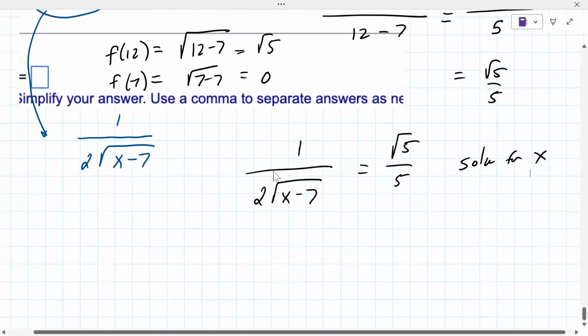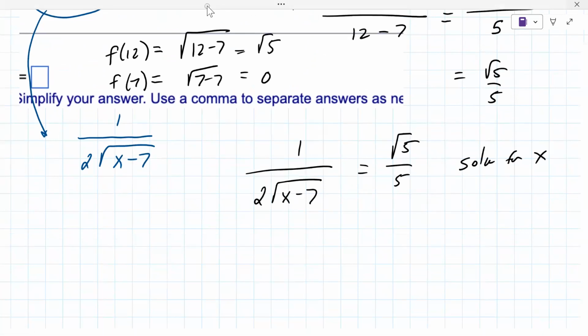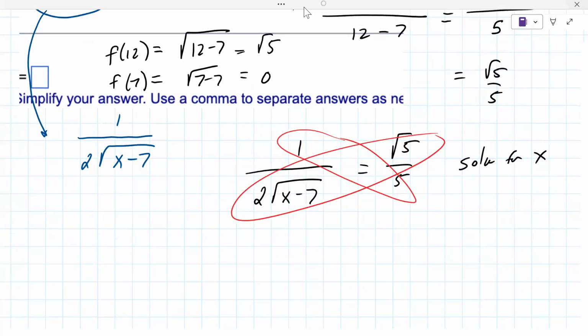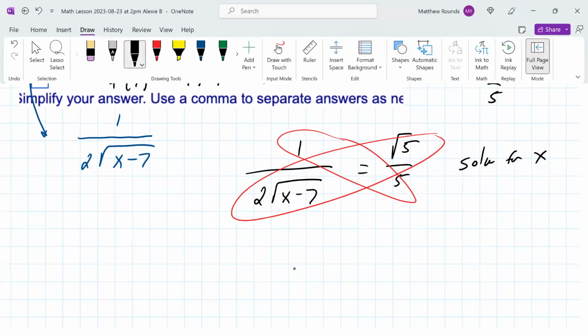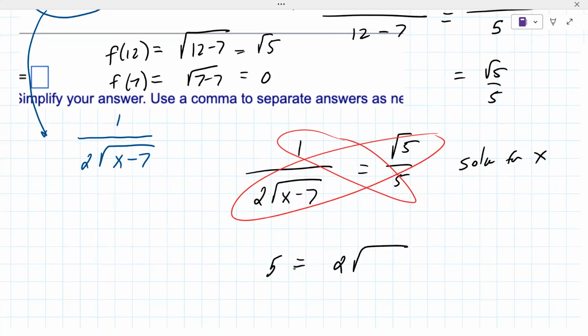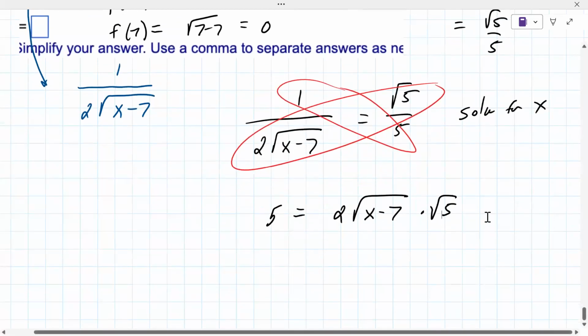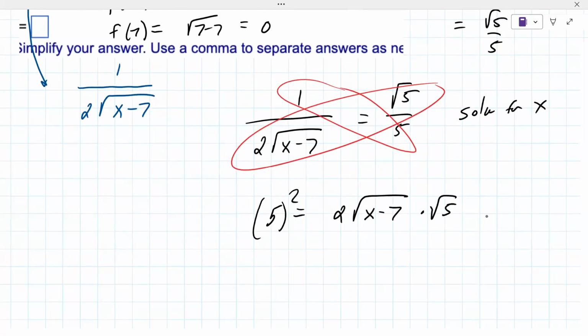So let's do it. We're going to multiply diagonally. I guess that's probably the most common way students would do this. So it's 5 equals 2 square root of x minus 7 times the square root of 5. I'd probably square both sides instead of trying to mess around with this. So if I square this side, square this side, on the right you're squaring each of these.